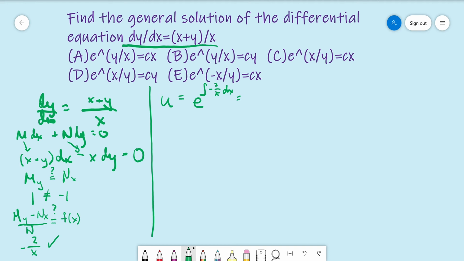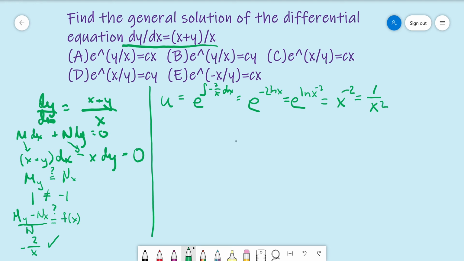Well, the integral of -2 over x is just -2 log x, and from the properties of logarithms, -2 log x is the same thing as log x to the -2, and e to the log of anything is just that thing, so this is going to be x to the -2, or 1 over x squared.